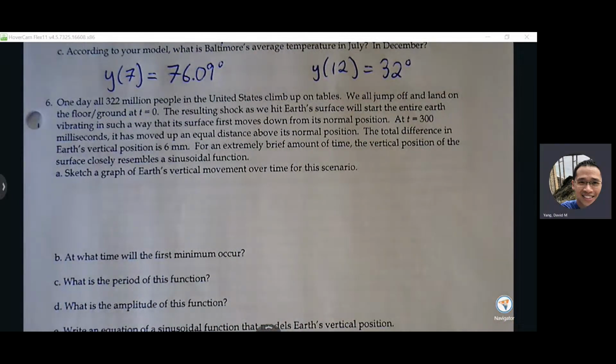That 322 million is not going to factor into any of our equation.